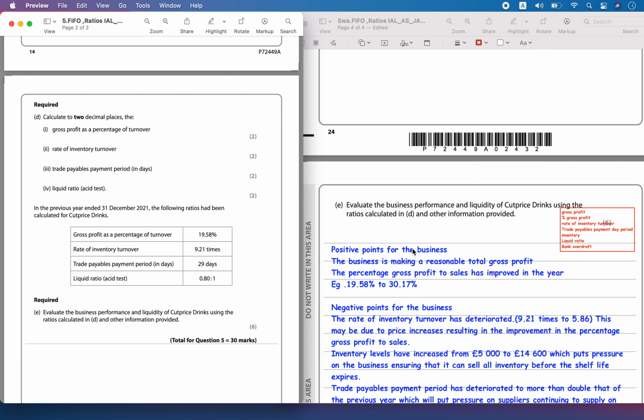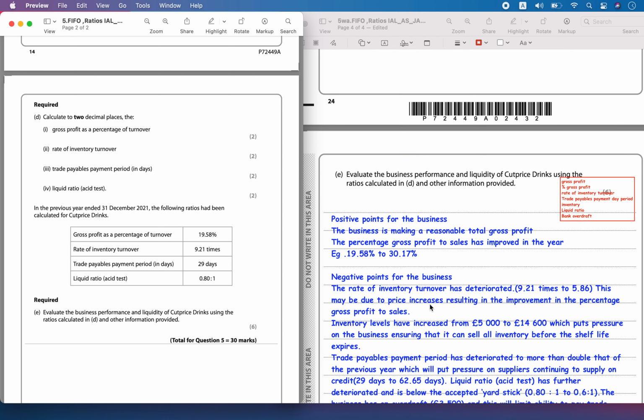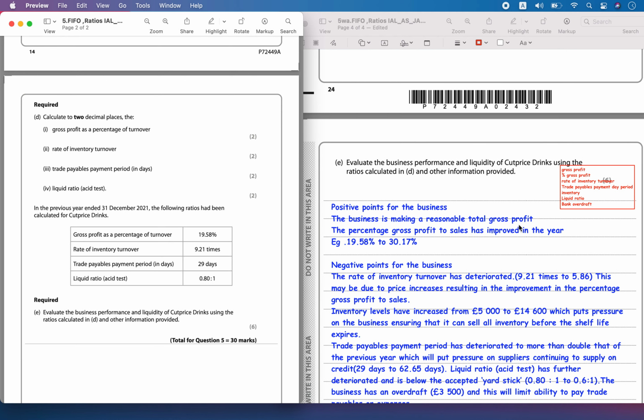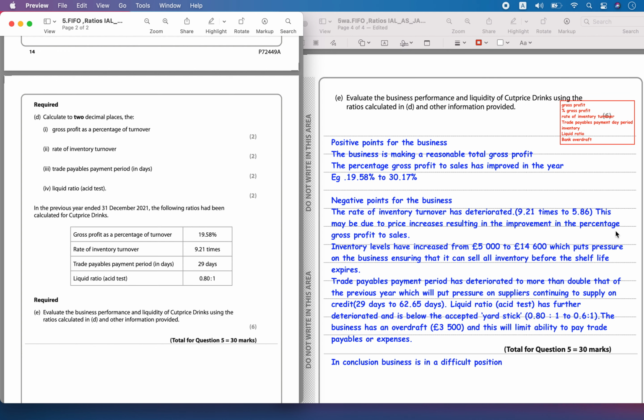So let's calculate first what was the gross profit as a percentage of revenue. Okay, previous year it was 13.17 and this year it is 30.17. So it's a good amount of increase in the gross profit to turnover ratio. So that's an improvement. Whereas negative points for the business, we can see that the rate of inventory turnover has deteriorated from 9.2 to 5.86 times.